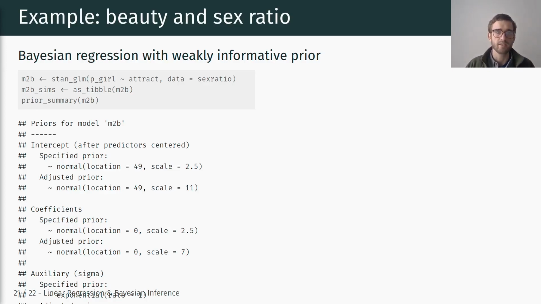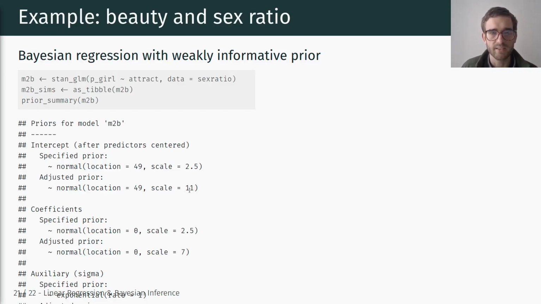Okay, so we see quite wide priors. For example, for the intercept, a normal distribution with mean 49, which makes sense, but a scale, that is a standard deviation, of 11.